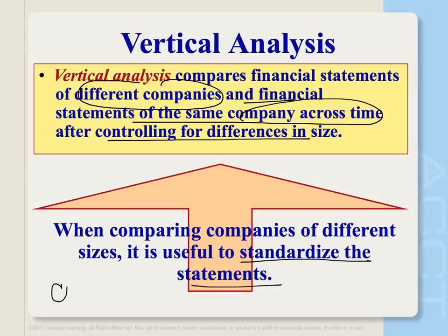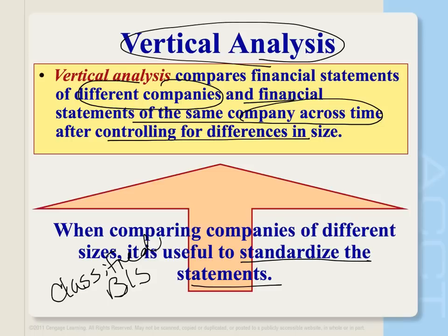That is why we came up with the classified balance sheet or the multi-step income statement: we can take a look at one company versus another and control the differences in size by doing this vertical analysis. Let's go forward and take a look.